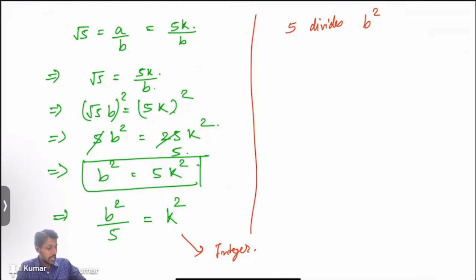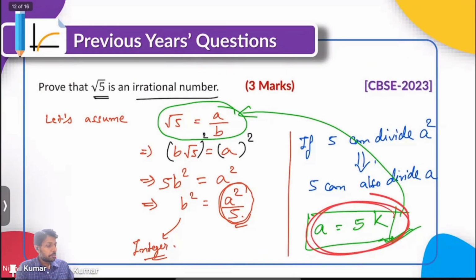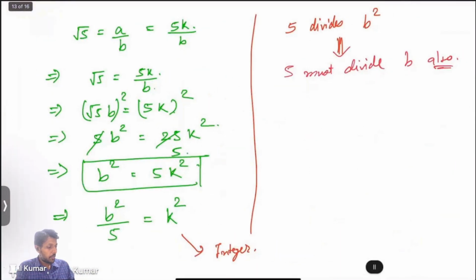And if this happens, then we can say that 5 must divide b also. Okay. So 5 divided a also initially, and 5 divides b also. That we have proved here.